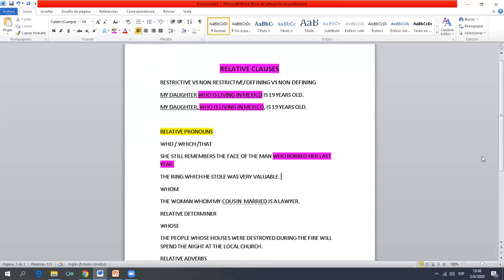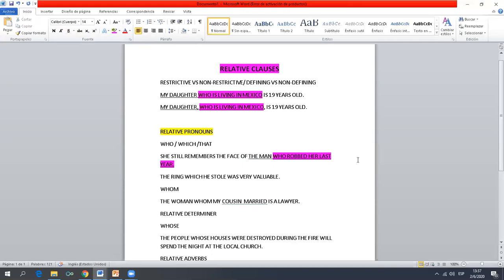As I said before, this relative clause appears within the boundaries of a noun phrase, it is part of a noun phrase, which is the one I'm going to underline. The underlined noun phrase, the man who robbed her last year, is the noun phrase object of the preposition of. And inside you find a defining relative clause.